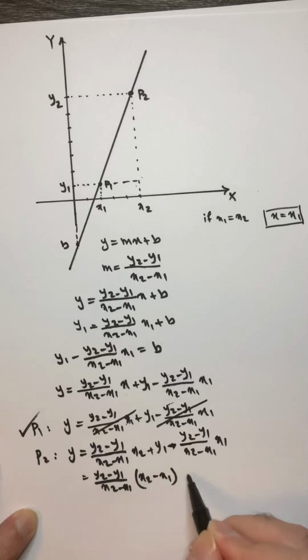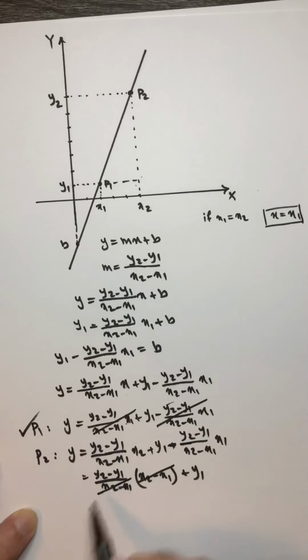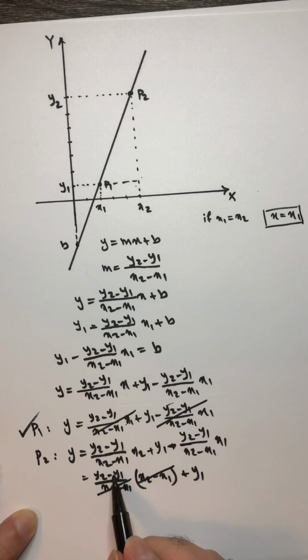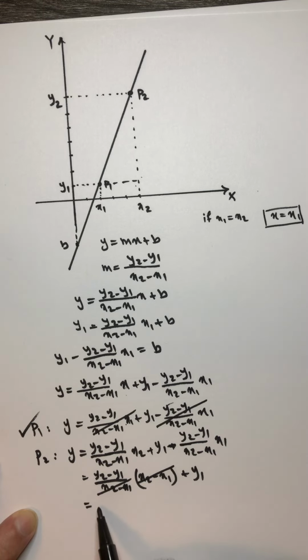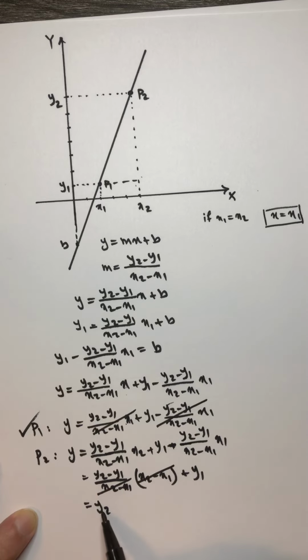And of course, we have this y1 as well. So then this cancels with this, and we have y2 minus y1 plus y1, which becomes y2. So we inserted x2, and we got y2 for the y-coordinate.